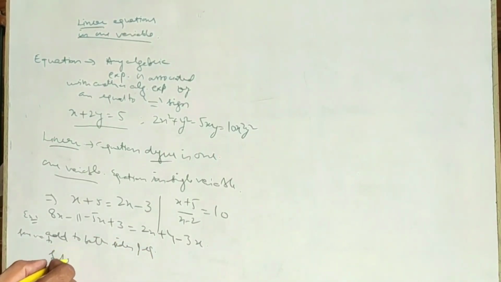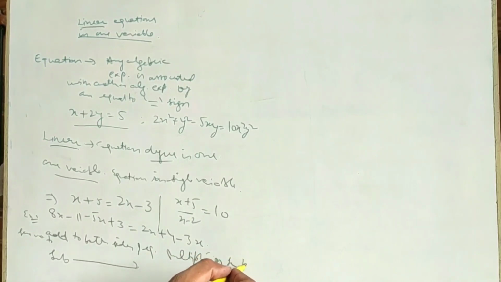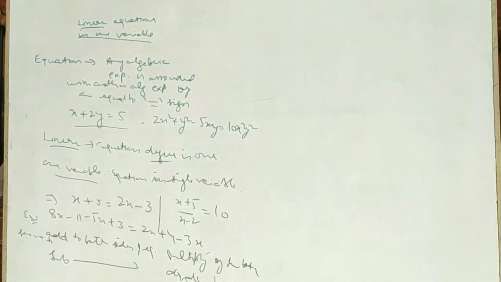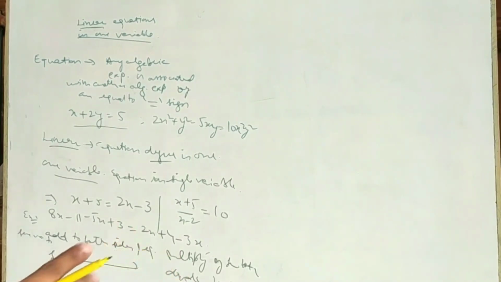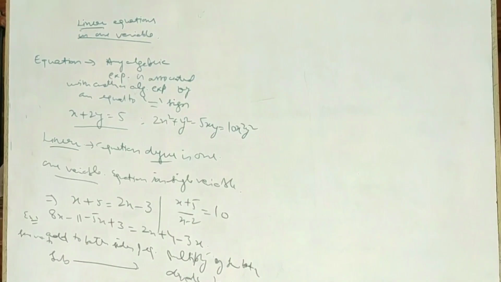We can subtract the same number from both sides of the equation. We can multiply by the same number to both sides of the equation. We can divide an equation by the same number on both sides. This is what we have learnt in our earlier classes, and based on this we can do the transposing.